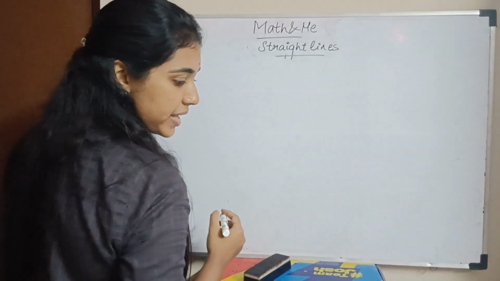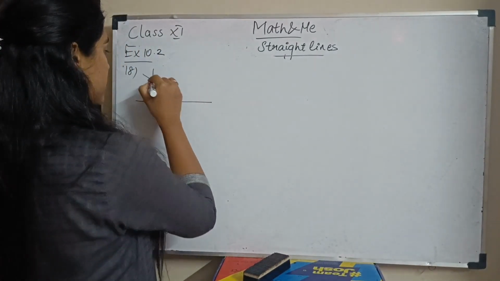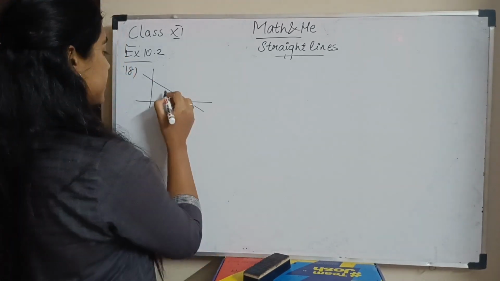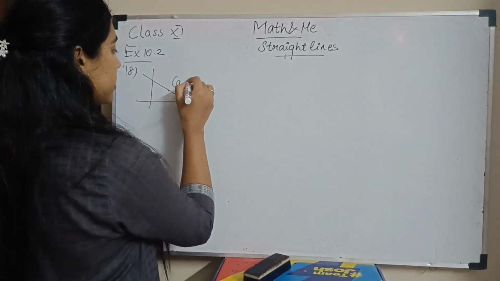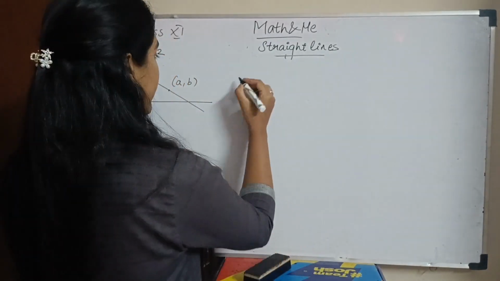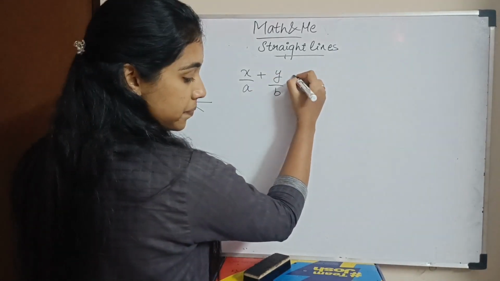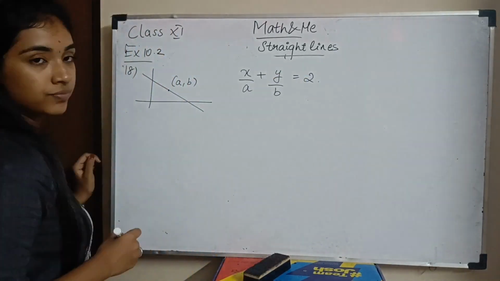Question number 18. AB is the midpoint of the line segment between the axes. So this is the axis and it is given that AB is the midpoint. Show that the equation of the line is x divided by a plus y divided by b equals 2. Okay.